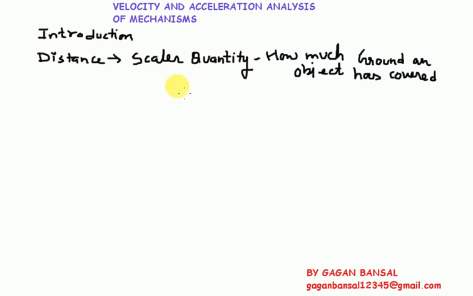For example, suppose we have a body A which is moving in, say, east direction 2 kilometers to reach point B from point A. A is the starting point. Then it moves to the south, say, 3 kilometers, that is BC is 3 kilometers.